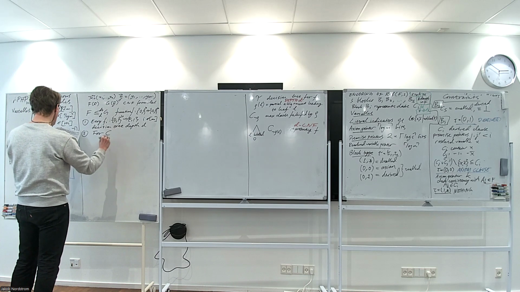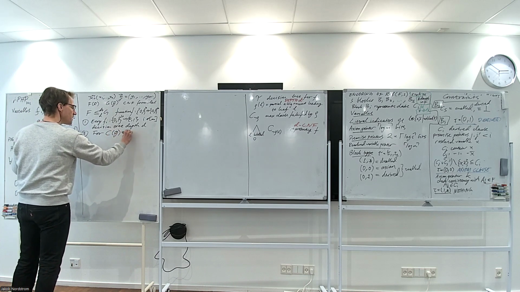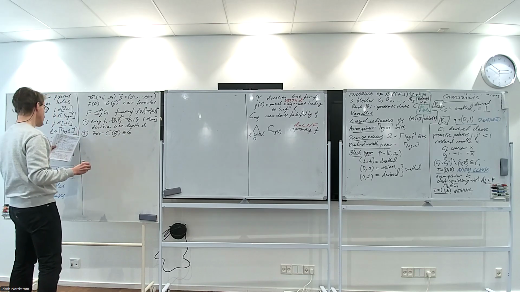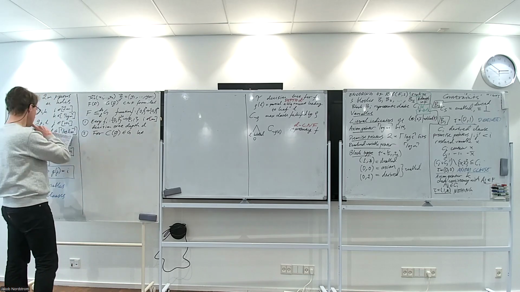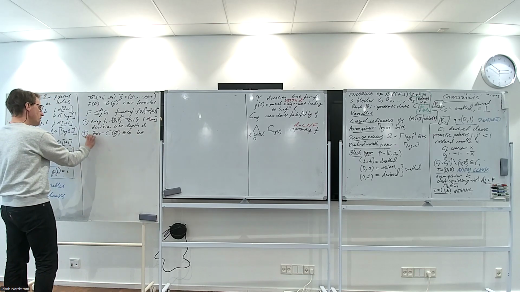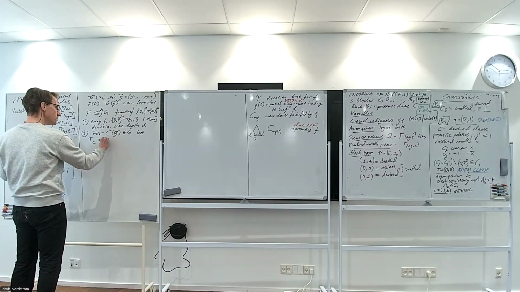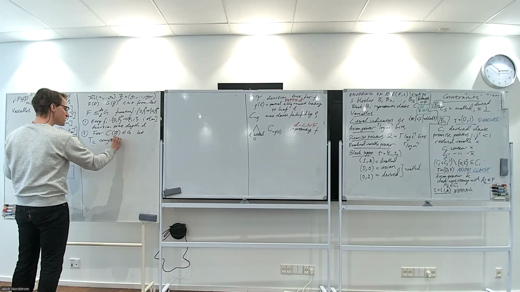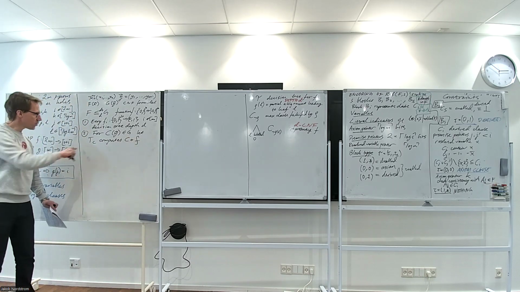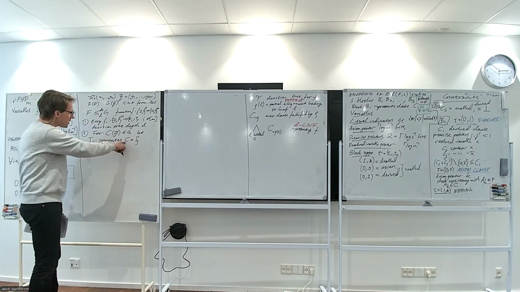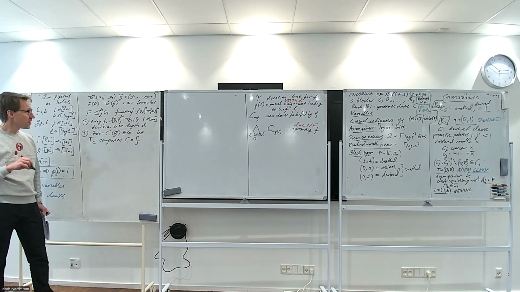Now, take any clause C in G and then consider the canonical decision tree that computes C composed with f. Okay, what does this mean? Note that C contains a bunch of literals over the y variables.